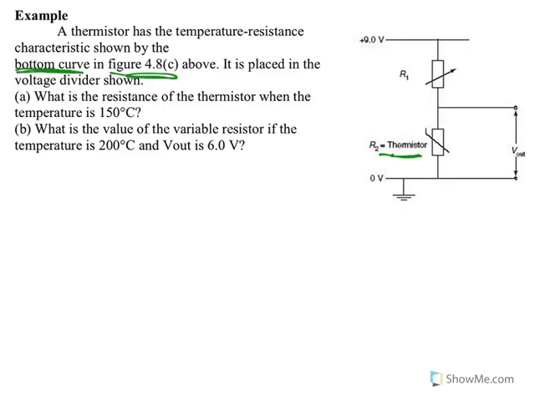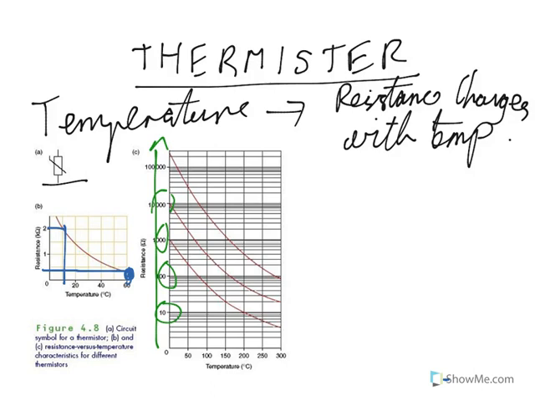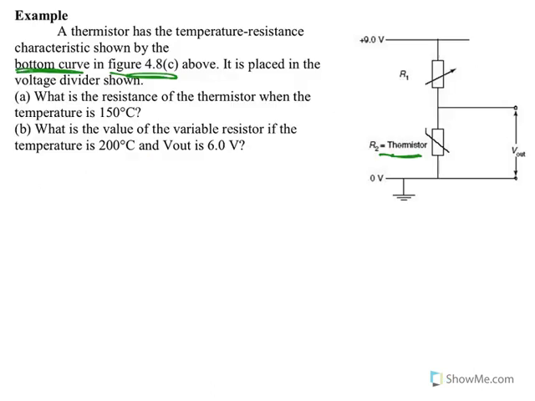So remember, when we flicked back there were 3 curves, and we're interested in the bottom curve. We use that to find the resistance of the thermistor, and then we would use whatever we need, in terms of Ohm's law or power equations or anything like that.